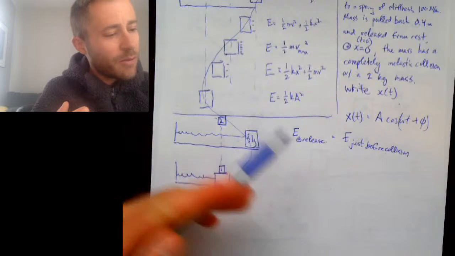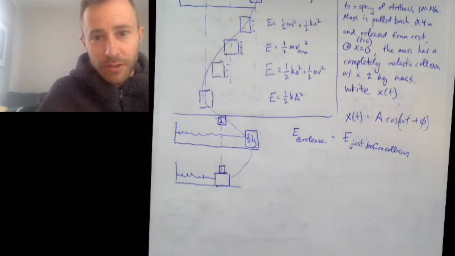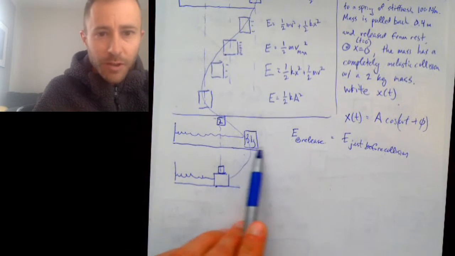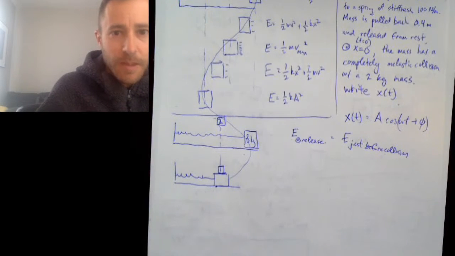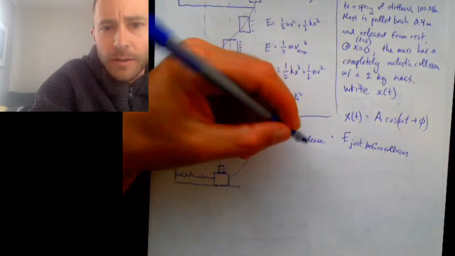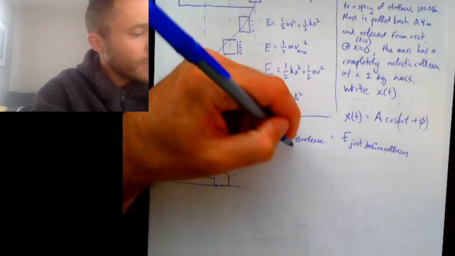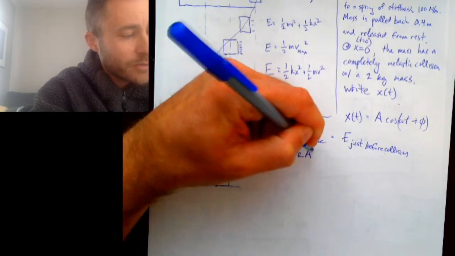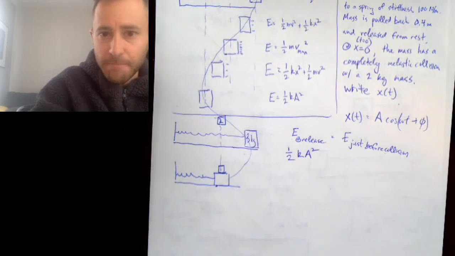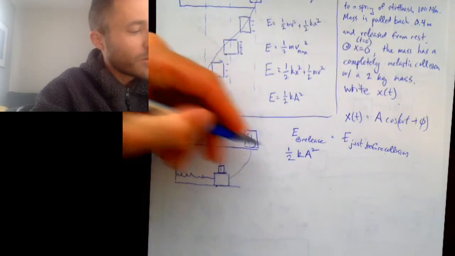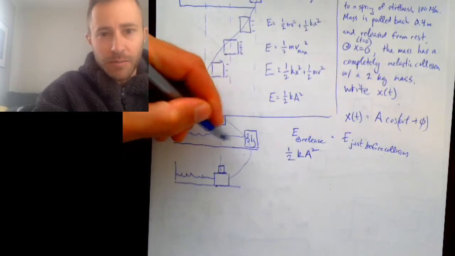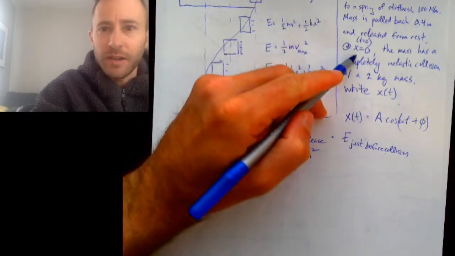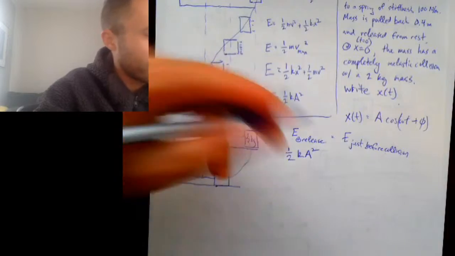But energy is conserved up until the moment of collision. The energy at release is all elastic potential. Just before collision, the energy is all kinetic because the collision happens at x equals 0, where there's no elastic potential energy.